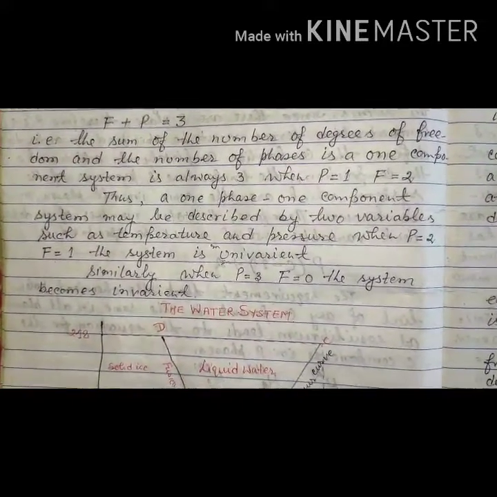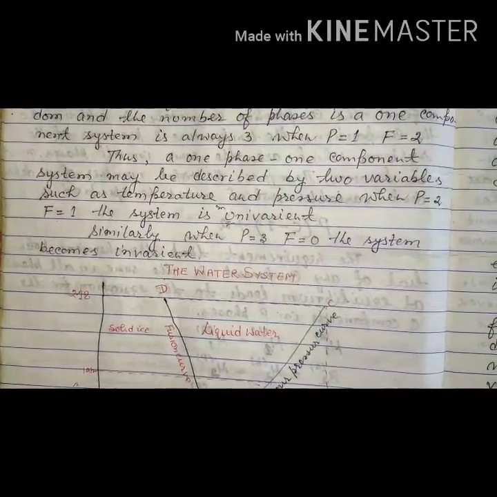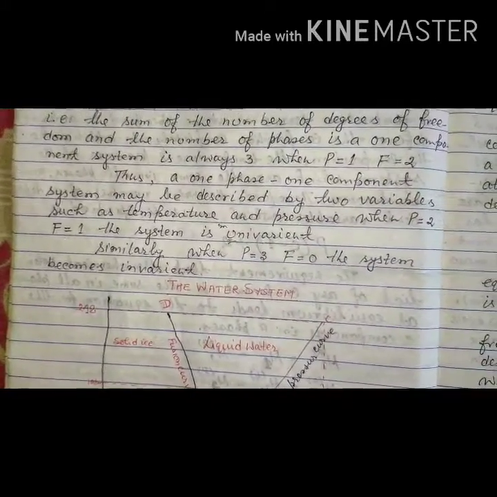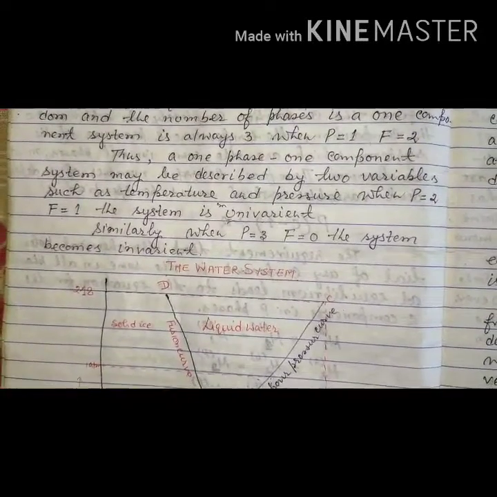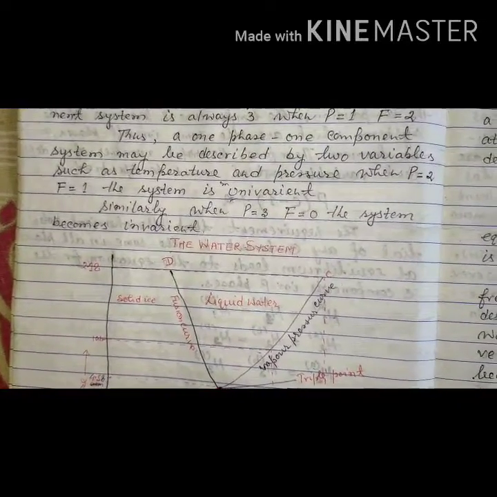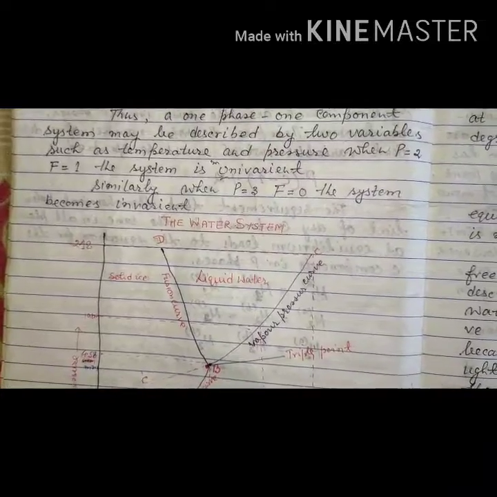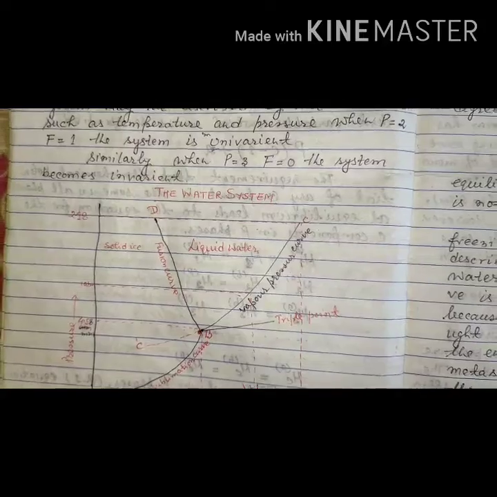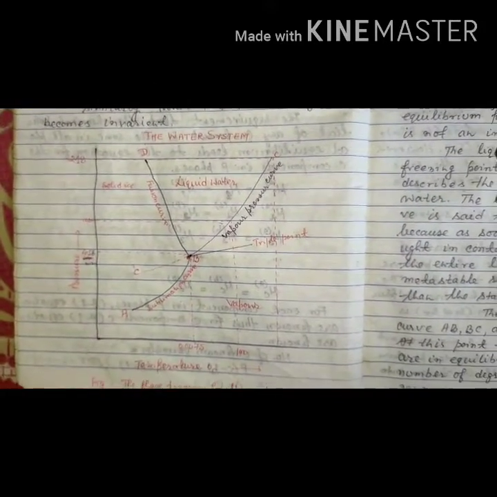When P equals 2, then the degree of freedom F equals 1, and the system is called univariant. Similarly, when P equals 3, then the degree of freedom will be 0, and the system becomes invariant or zero variant or non-variant. The phase diagram of the water system is as follows.